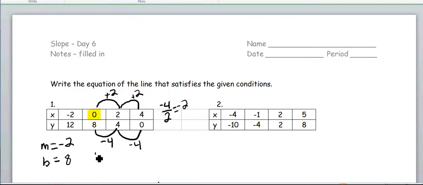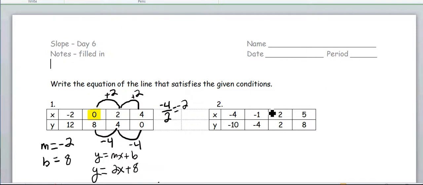Now the basic form is y equals mx plus b. And we're going to fill in the m and the b part. I'm going to rewrite the y equals, my m is negative 2. And I'm going to write my x plus, and then instead of the b, I'm going to write 8.